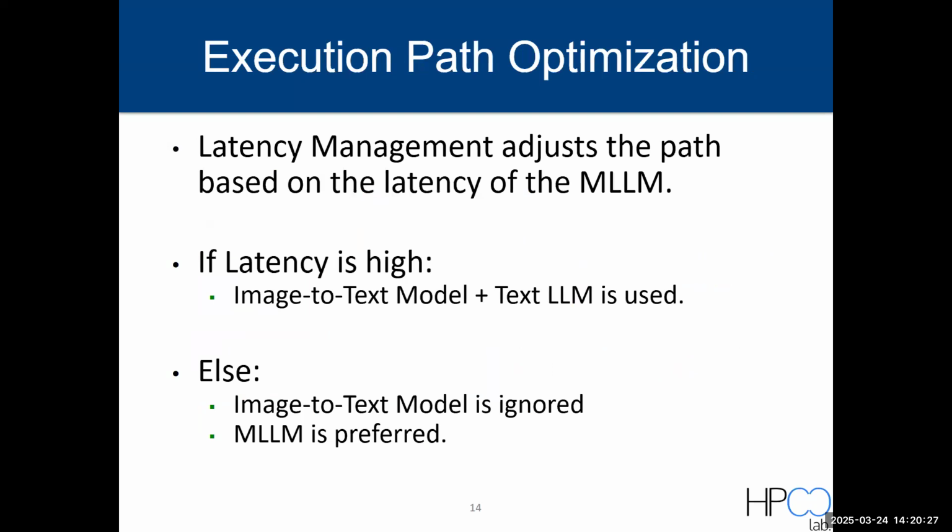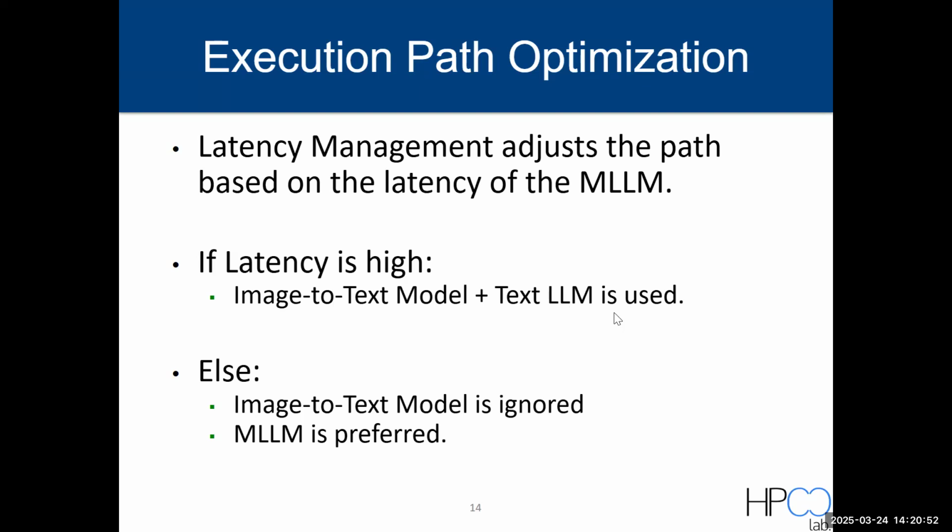For example, we may not be sure that MLLMs would give a response in a specific time. The major disadvantage, even when you use ChatGPT, is that it takes a lot of time to think or to respond back. So in such cases, if the latency is so high, then we can implement this image to text model plus a simple text-based LLM rather than a complex MLLM.